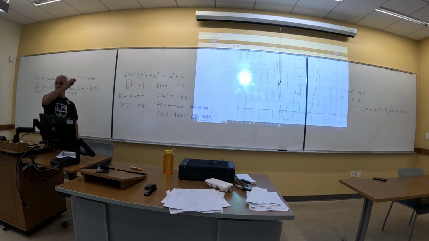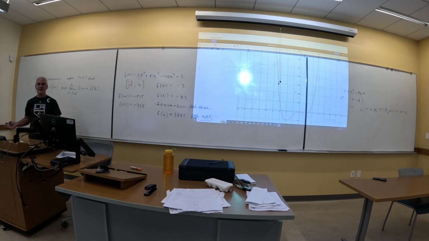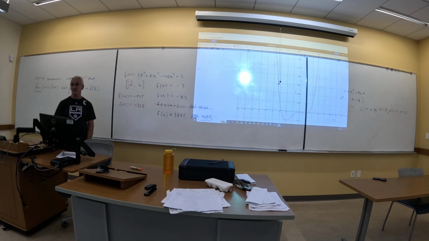So generally speaking, if you have a graph, the highs and lows are not going to occur at integer values. Why would they? They occur wherever they occur, which is far more likely to be an irrational number. Oh, right, I can't just plot points and find that. I can't look at a graph and tell you where that is. It's between integer values. So we have to have a way of finding it in general.